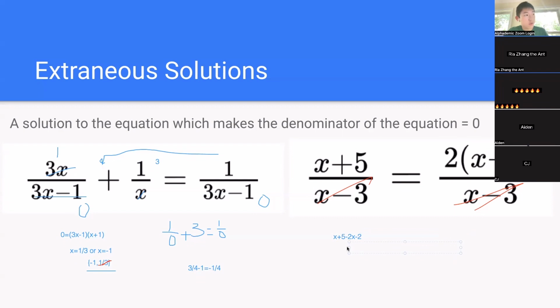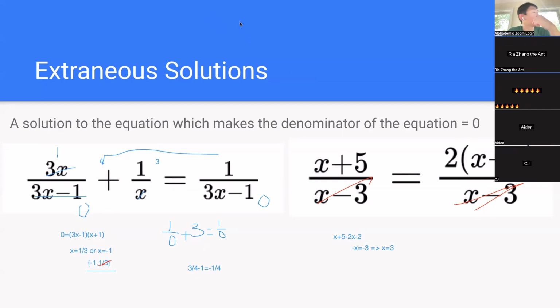And then after, we can simplify that. So we would get negative x equals negative 3, which equals x equals 3.